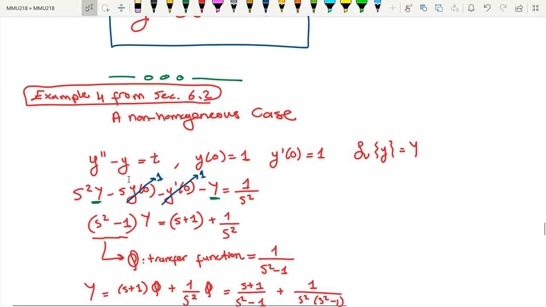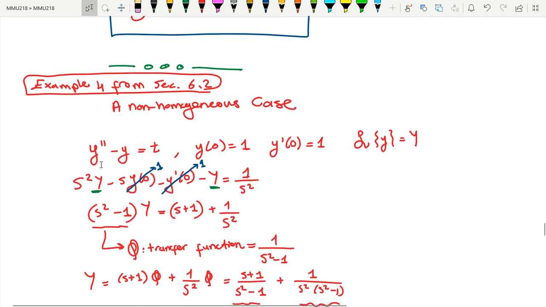I have a left-hand side, y double prime minus y, and the right-hand side is a function f of t. So it's exactly t, right? And, well, I don't know what kind of a physical problem it represents, but it has some initial values, and Laplace of y is defined as capital Y.